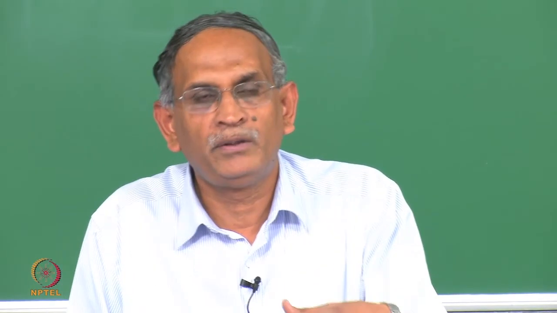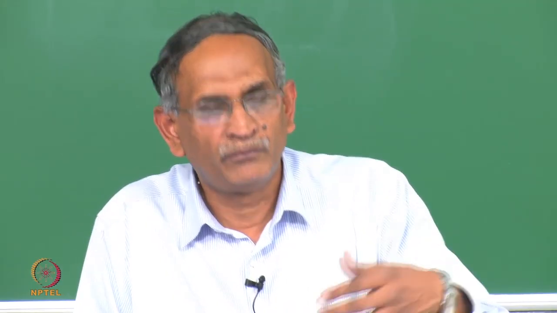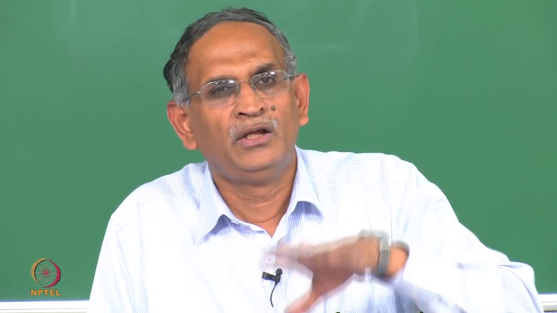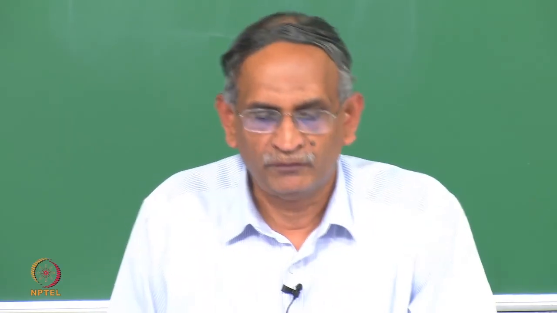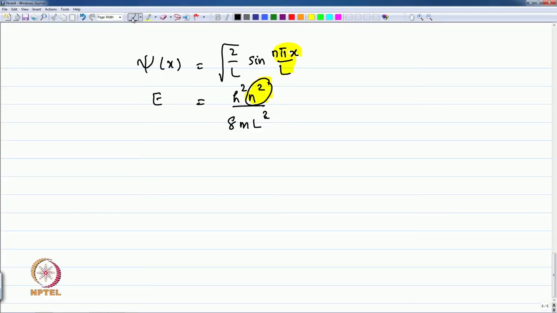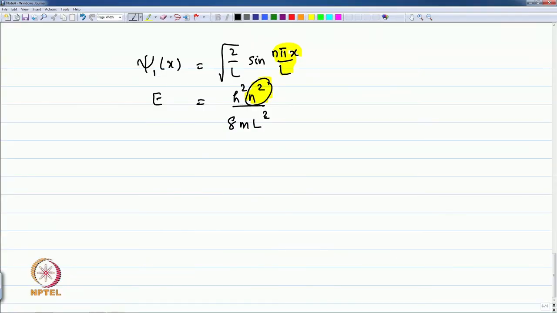This will also turn out to be a general property when we solve the Schrodinger equation for the systems in all the other models, that in one step you will get all the possible energies and all the possible wave functions, and a convenient way is to label the wave function with the quantum number: psi n of x and E n for a given quantum number n.